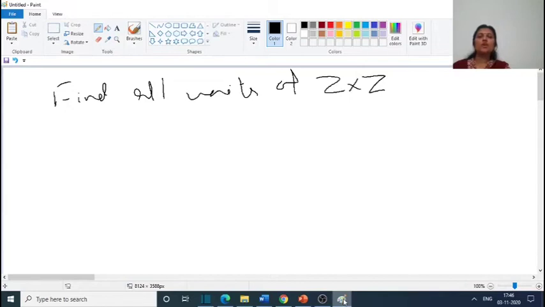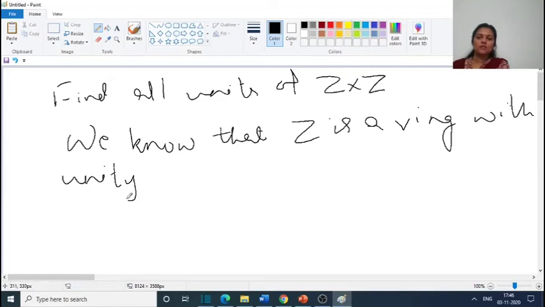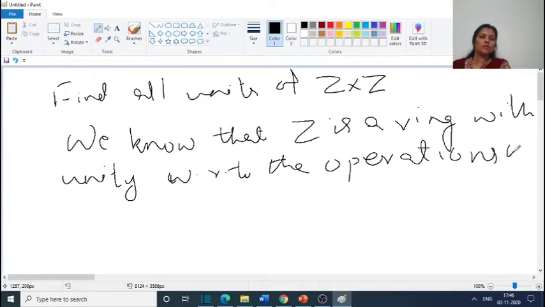Next problem is to find all units of Z cross Z. We know that Z is a ring with unity with respect to the usual addition and multiplication.